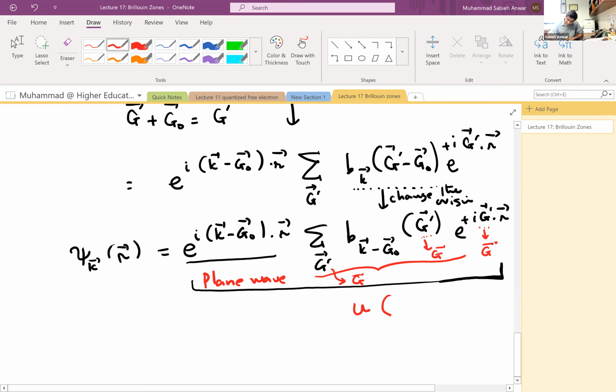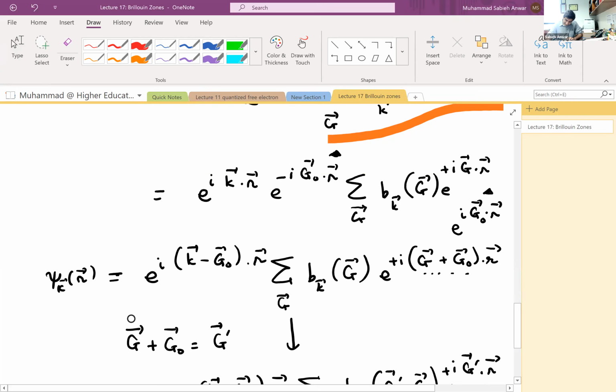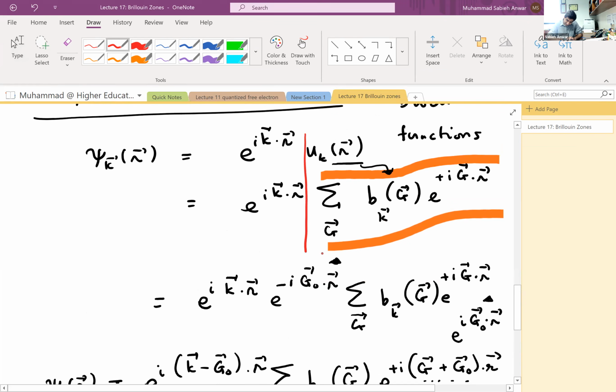So this expression, beneath which I put these curly braces, becomes U, instead of K, I have K minus G naught, and R. This is exactly the same fashion in which we define our U's. It's only that the variable K has now been replaced by K minus G naught.